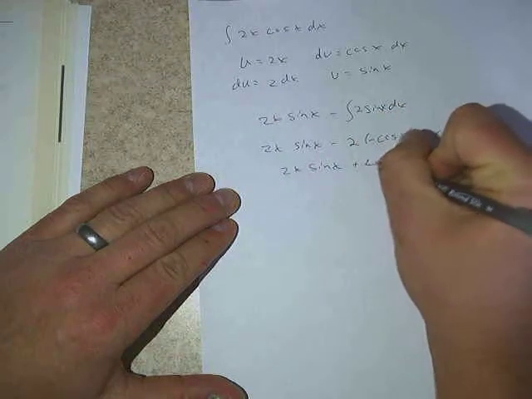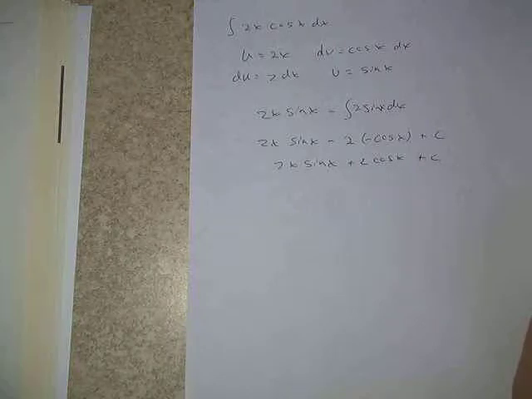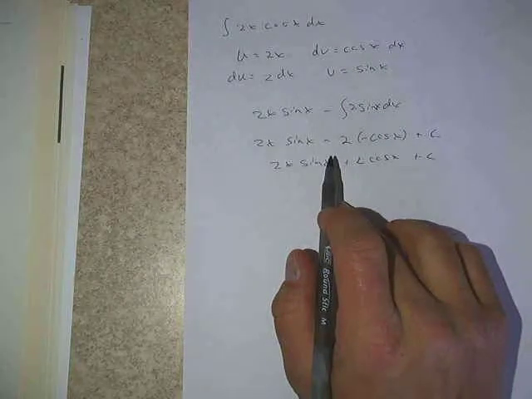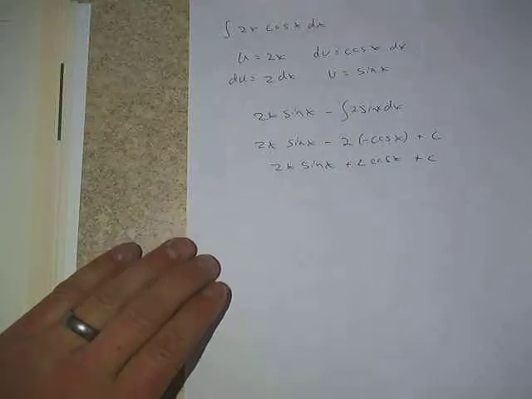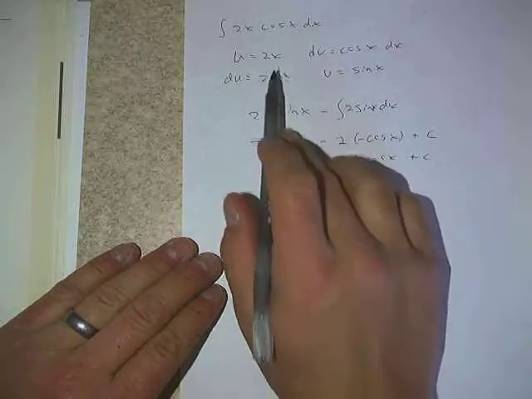At that point, we'd have 2x sine x minus, take the 2 out, anti-differentiate sine x, we'd get negative cosine x, plus c. Alright, and so we'd ultimately get 2x sine x plus 2 cosine x plus c. And it looks like that would be choice E.